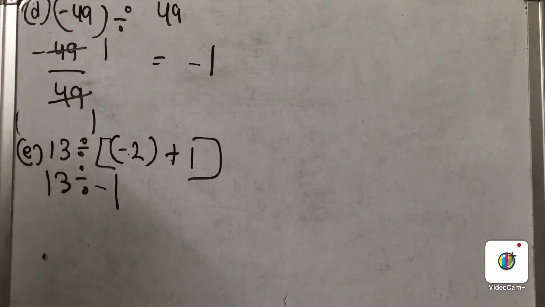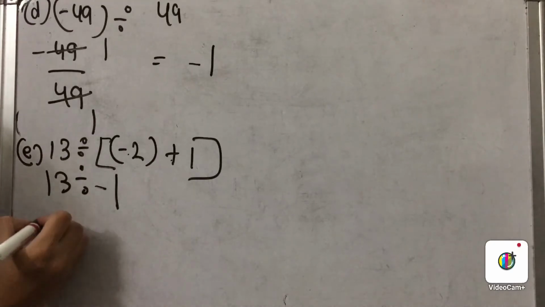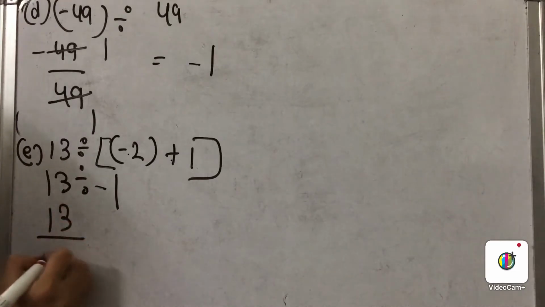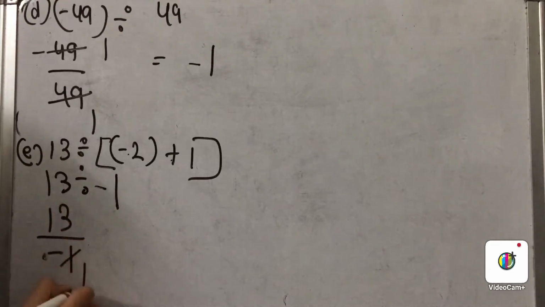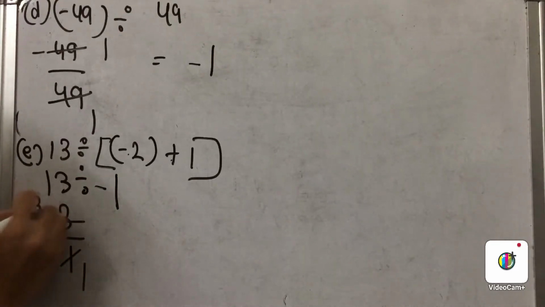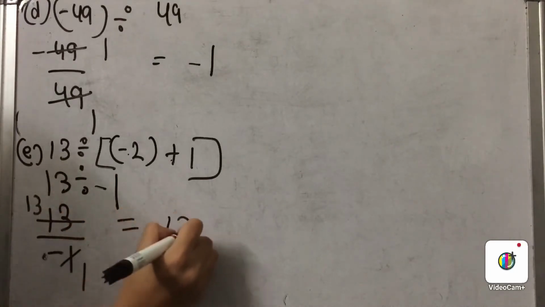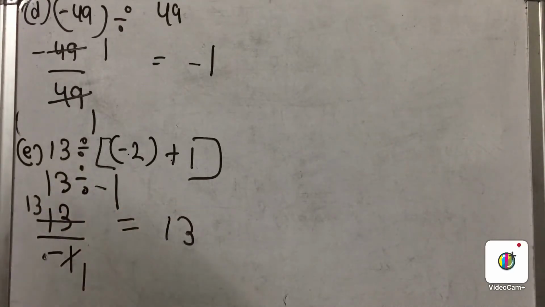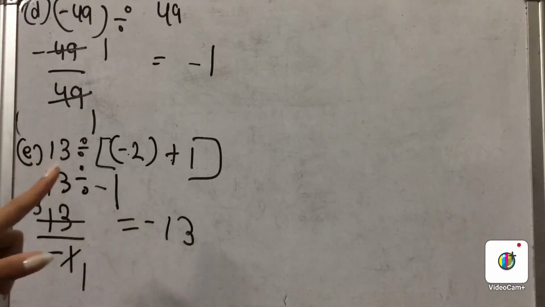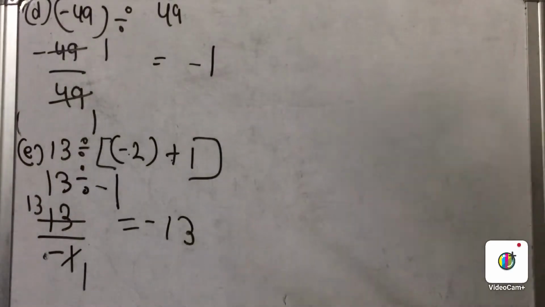So this minus 1 will come. Now let us divide 13 by minus 1. So we will write it as 13 divided by minus 1. And 1 ones are 1, 1 13s are 13. So this will come as 13 in a negative integer, because plus minus is minus. So this will be minus 13. This was our part number E.